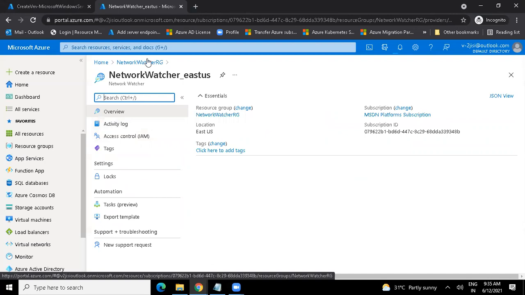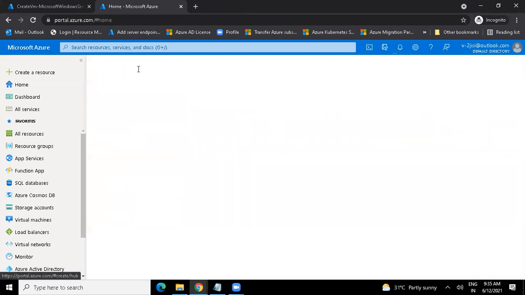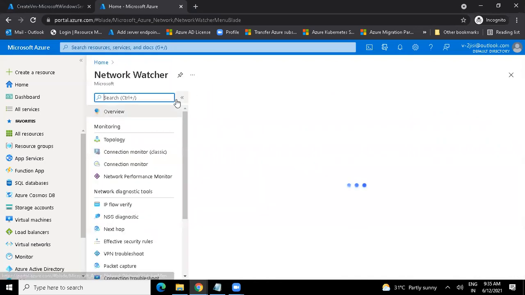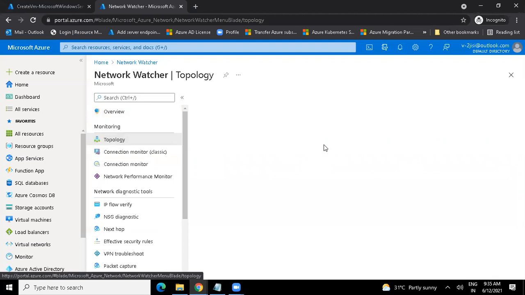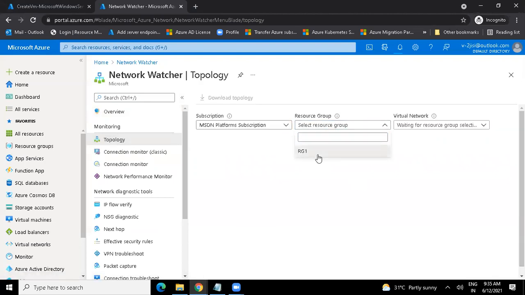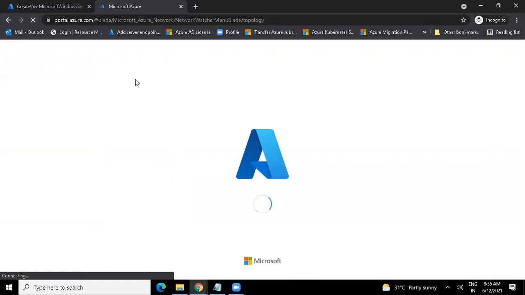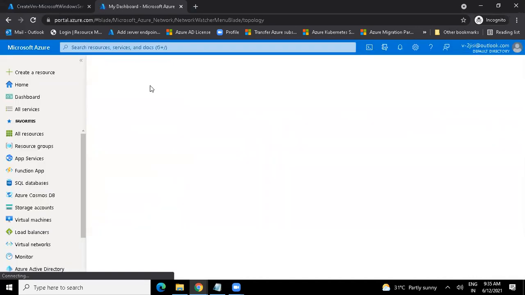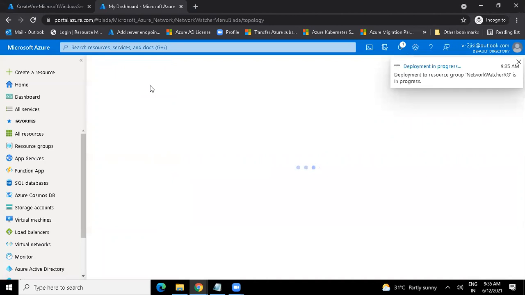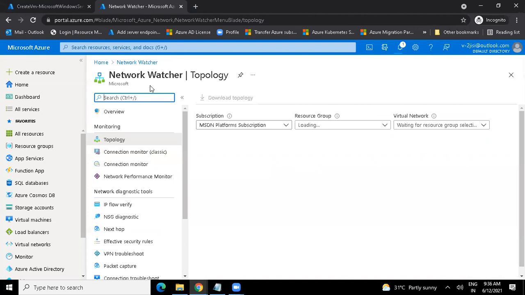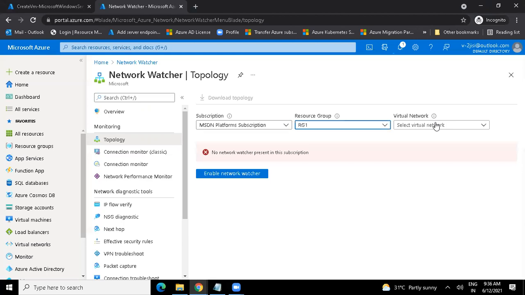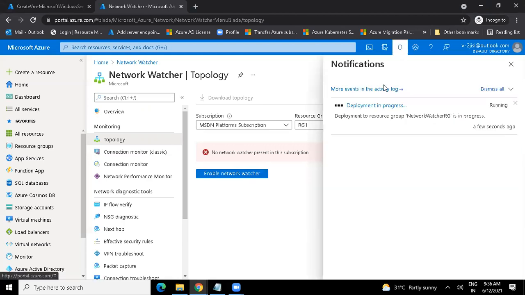This is the Network Watcher we have. It is taking some time here. It says no Network Watcher is present in the subscription. Probably it will launch within a few minutes, right?